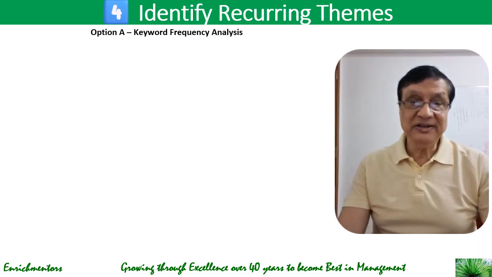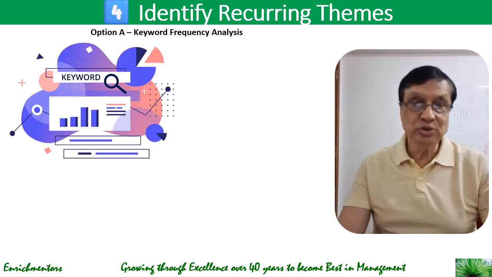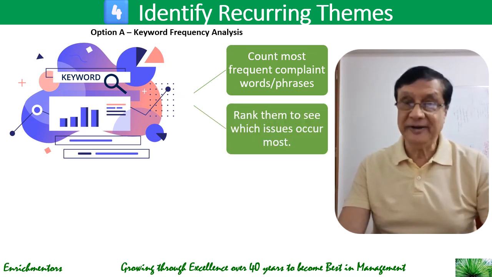Then you identify the recurring themes, and there are many options for doing that. The first option that we will talk about here is keyword frequency analysis, in which you count the most frequent complaints and phrases, in terms of n-grams or multiple-word phrases, and then you rank them to see which issues occur most, right?